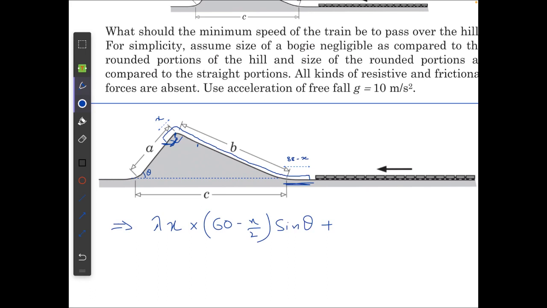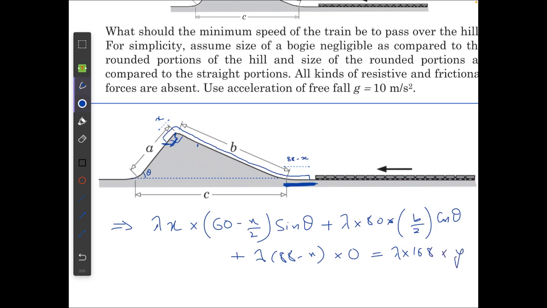Then for the other part, which is in the B region, it will be lambda times 80 multiplied by B by 2 times cos theta, plus (88 minus x) times lambda multiplied by 0, because this is at 0 y coordinate, must equal lambda times 168, the total mass, multiplied by y of COM. And I have assumed lambda is the mass per unit length.